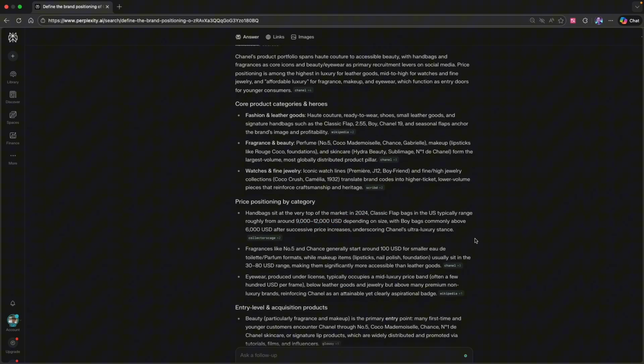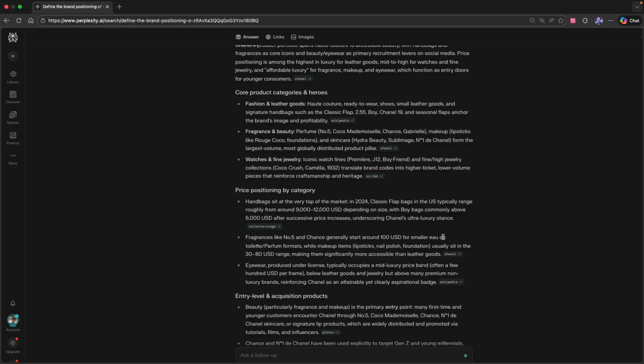On the other side, we have beauty and eyewear positioned as affordable luxury. Why does this matter for your marketing plan? Because you are essentially managing two different brands under one logo. One is exclusive, the other is accessible.